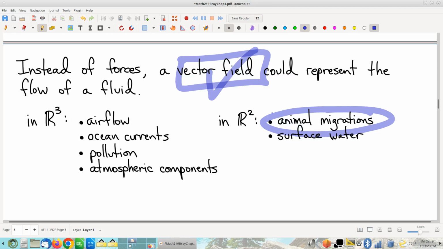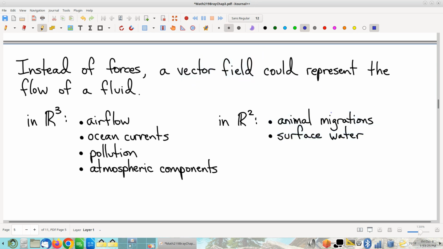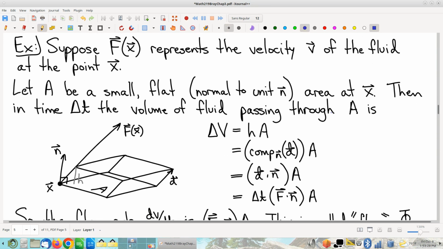Okay, so now we're going to do a calculation. I think this is an important calculation. By the way, a lot of the stuff that we're doing in Chapter 3 is kind of preliminary for Chapters 6 and 7. A bunch of important stuff is going to happen in Chapters 6 and 7. What this calculation is right here is going to come up very valuably in Chapters 6 and 7.